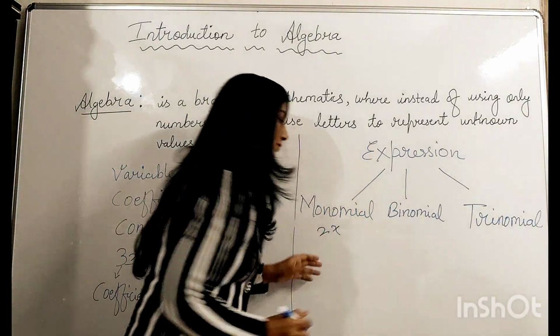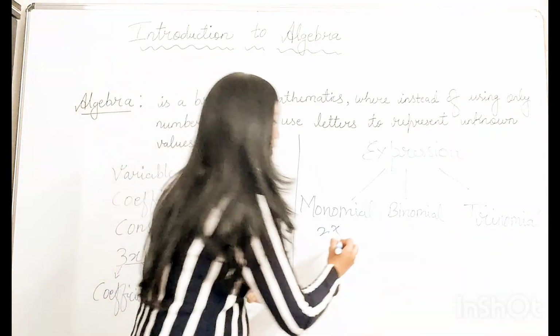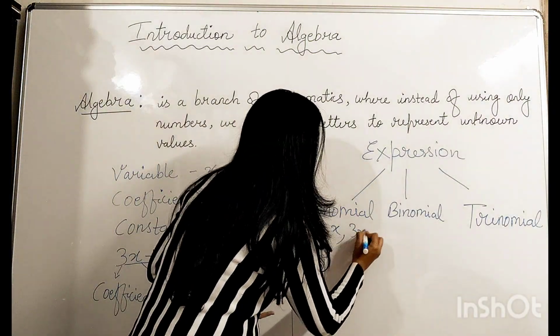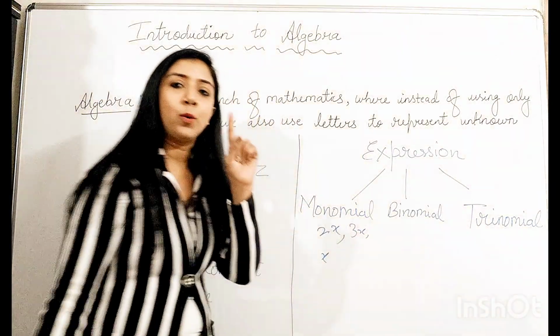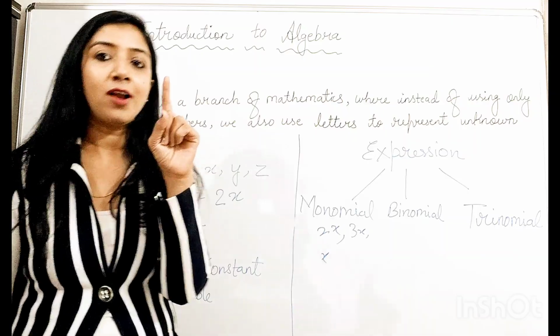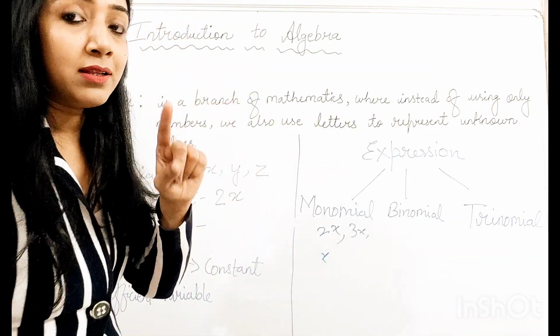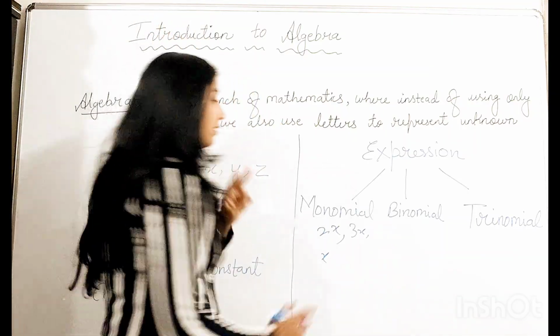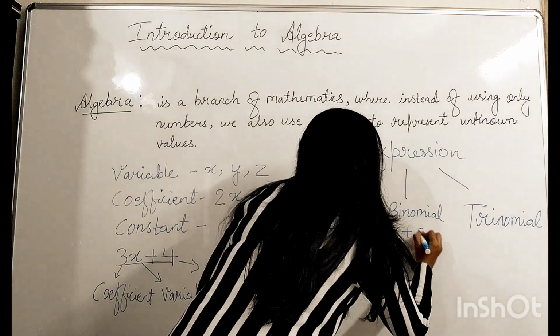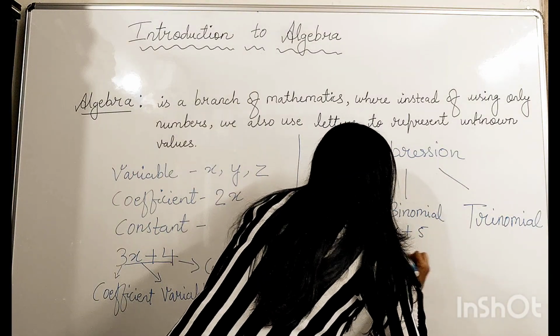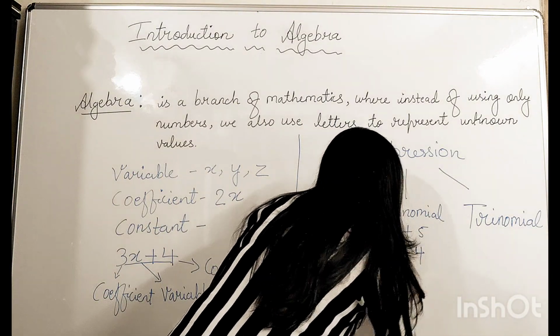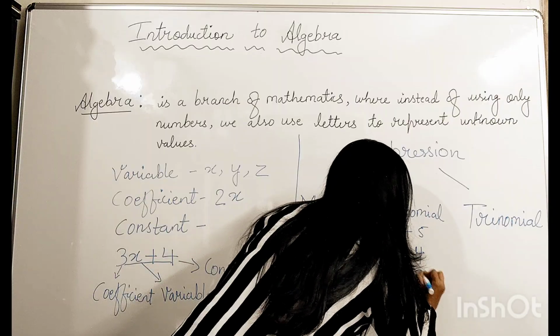For monomial, we can write any one term. Okay, 2x or 3x or only x, where only one term is there. That is called monomial. For binomial, we are going to use two terms like x plus 5, p minus 4 or y minus 3.